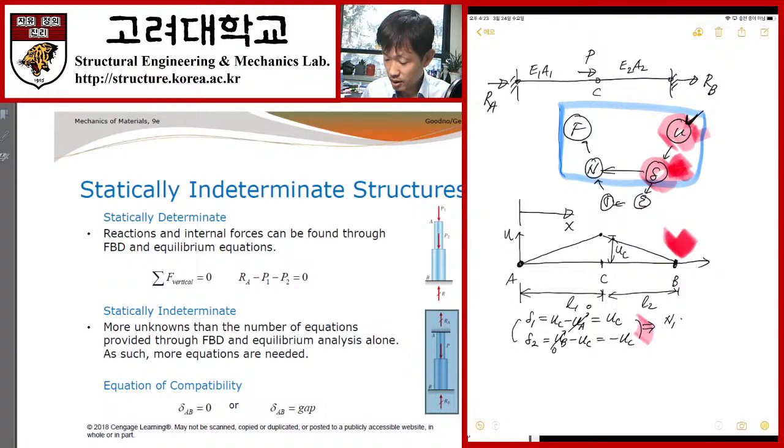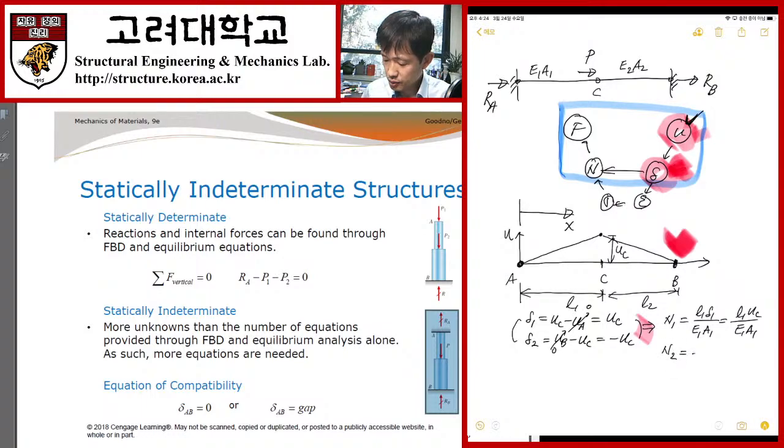So N1 is what? The internal force N1 involves the length 1, the elongation 1, the elastic modulus of 1, and the cross-sectional area of 1. Because the elongation here is equal to UC, this is equal to E1 A1 UC over L1. How about the internal force of segment 2?